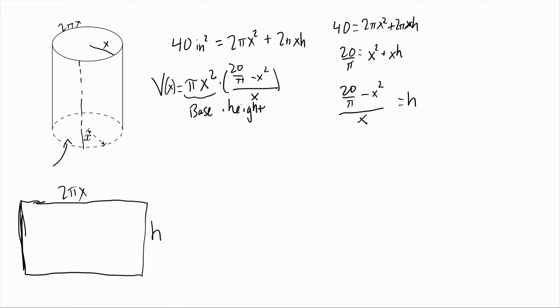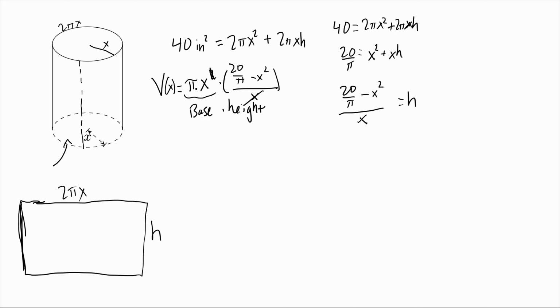Notice this x and x squared, you get a cancellation. You're left with one power of x. x squared over x is the same thing as just x here, of course assuming x is non-zero, but we're going to be assuming that. So that's our volume, pi x times that. Then we can multiply that out.